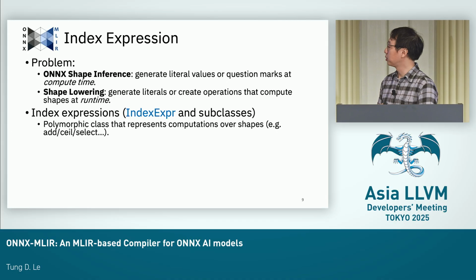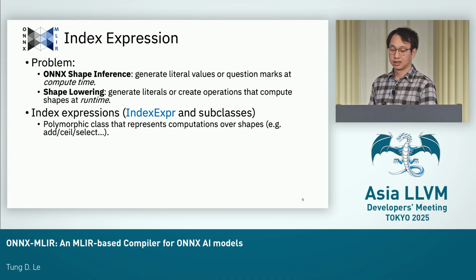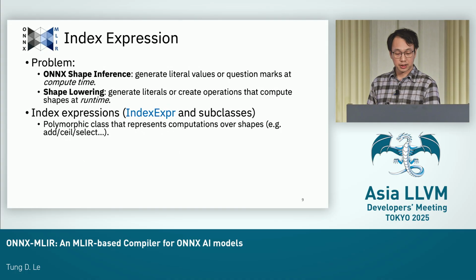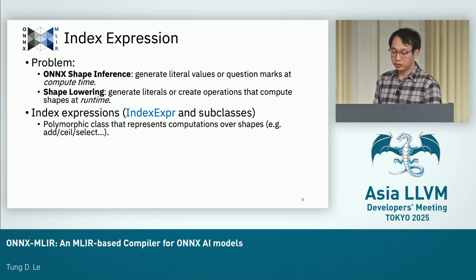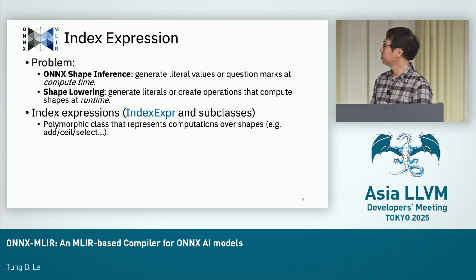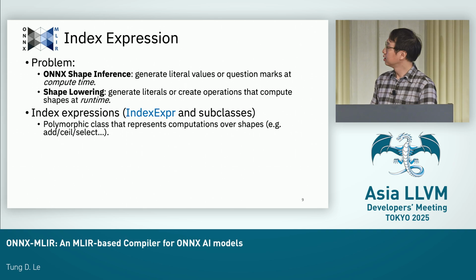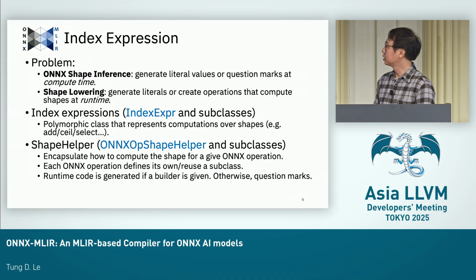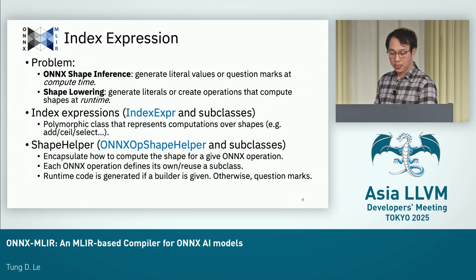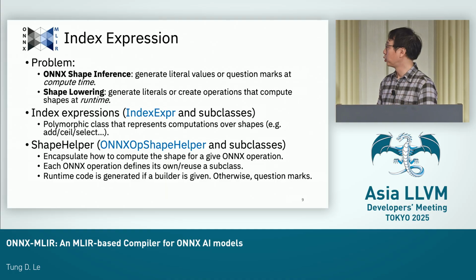To solve this problem, we propose an index expression class. This is a polymorphic class that represents computation over shape. For example, we can do addition, tiling, and selection here. And on top of this index expression, we define the shape helper for each operation.